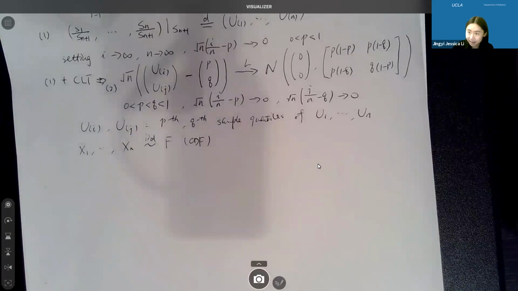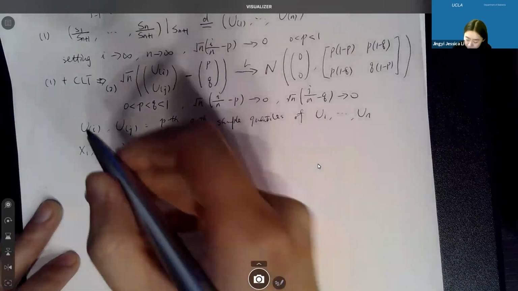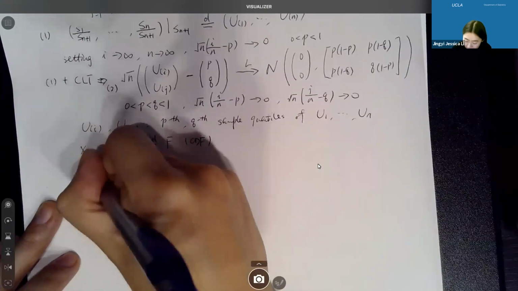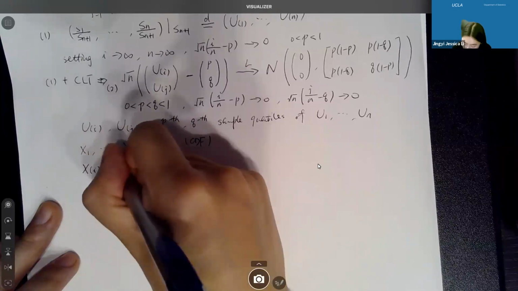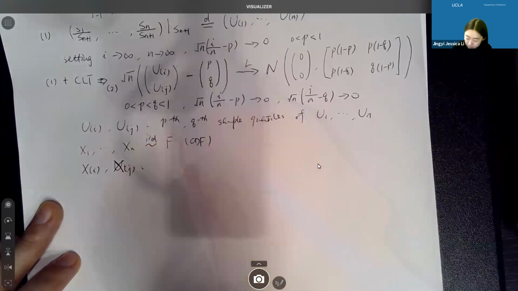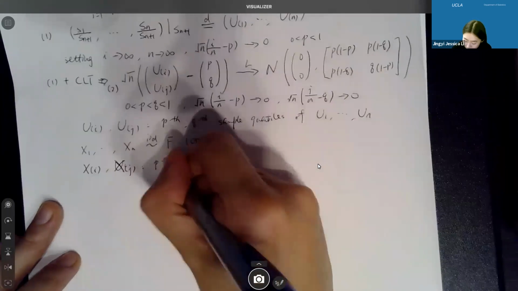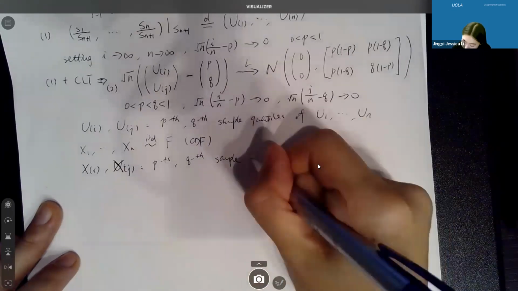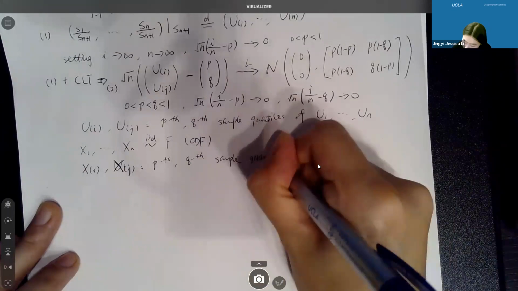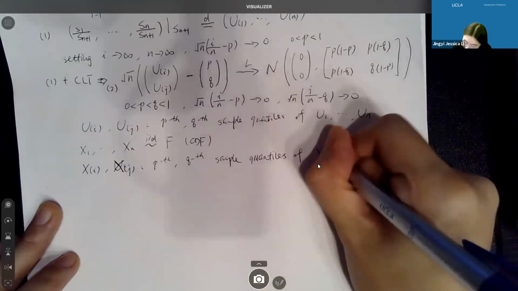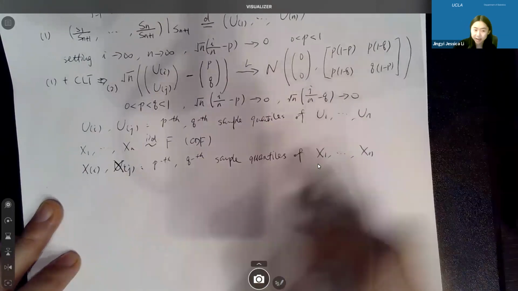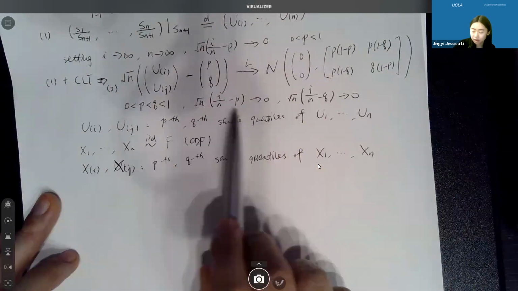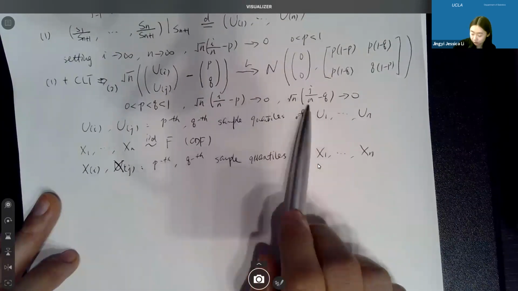So what we can say is that if we denote them as Xi and Xj, correspondingly the pth and qth sample quantile of X1 to Xn. You can think of this i is the same i here, j is the same j here. Basically, we need i over n converges to p, j over n converges to q.